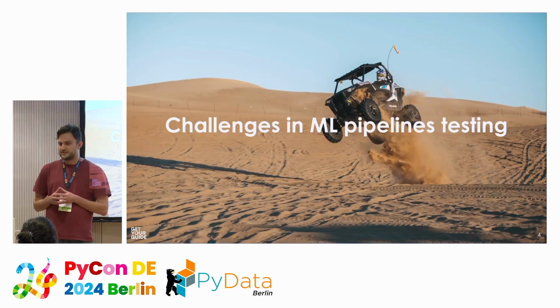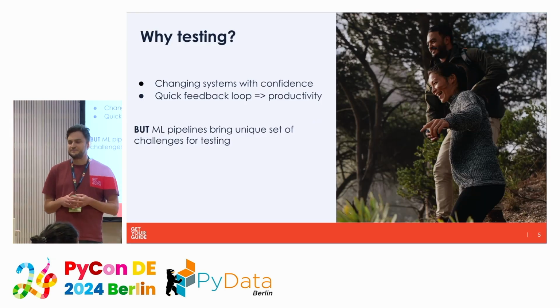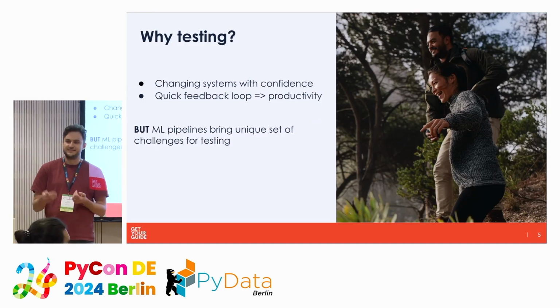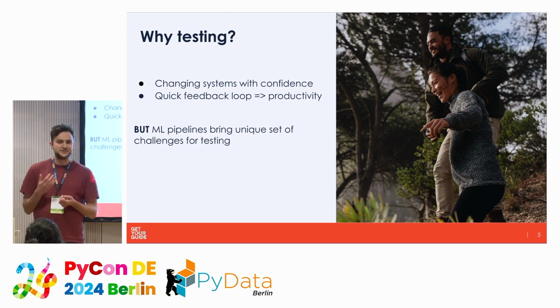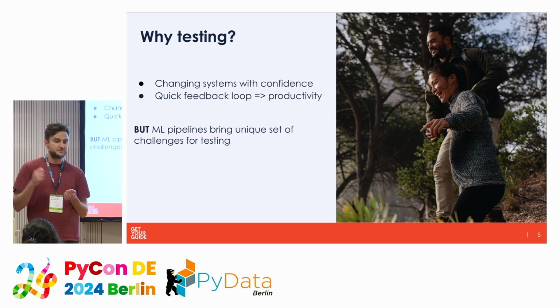With that, let's talk about the challenges of ML pipeline testing. First of all, why do we need to test? Very pragmatically thinking, testing is about changing our systems with confidence. I'm continuously iterating on this ML pipeline. Do I know it's still working or it's broken?